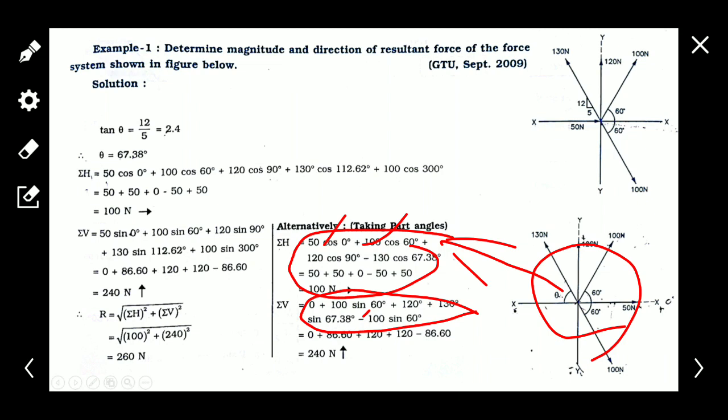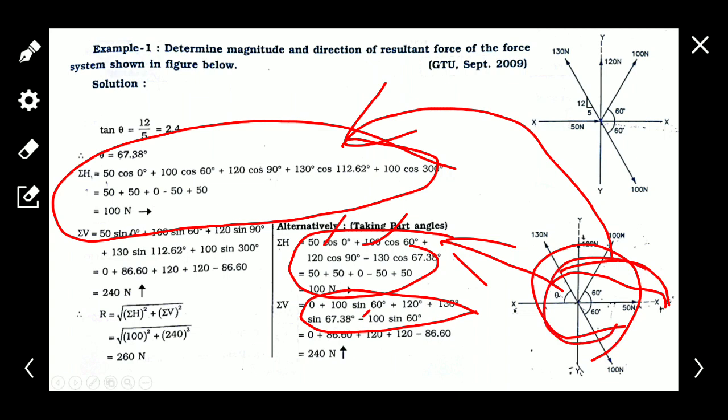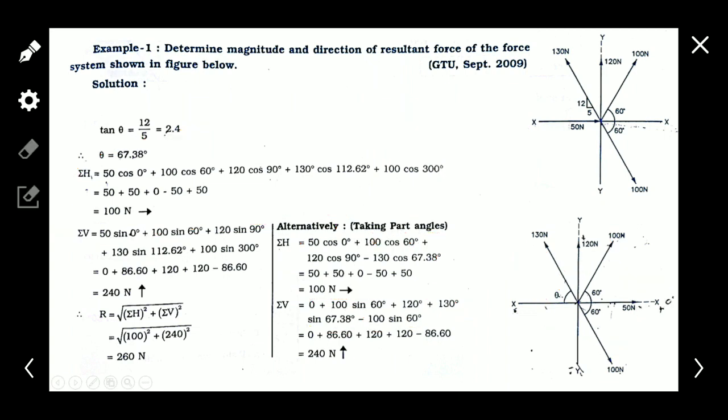But if we use the other procedure, then we don't worry about the sign, only positive, because the angle is considered from the 0. If angles are considered from the 0 for all forces, then there is no need to consider plus or negative, only positive components are there.